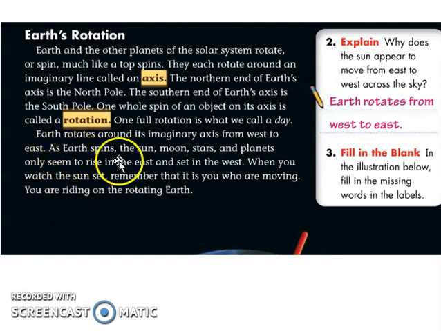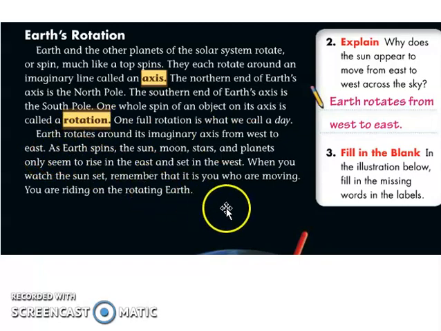As the Earth spins, the sun, the moon, stars, and planets also seem to rise in the east and set in the west. This is the reason why we see the sun rising from the east going to the west, because Earth is moving oppositely, from west to east.